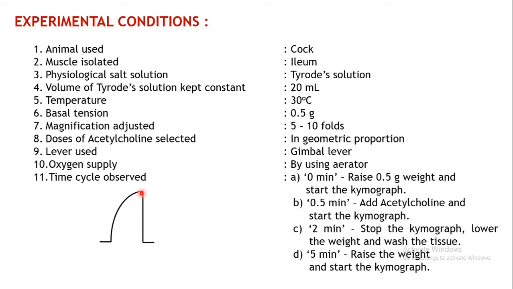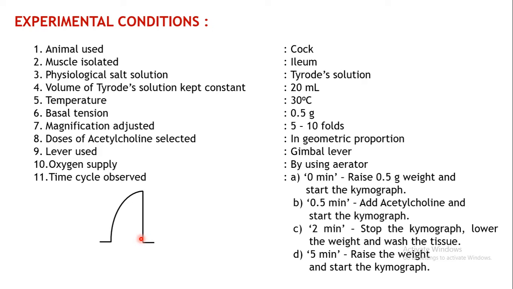After that, you need to wash your tissue and bring it back to the baseline. That will ensure that your drug has been washed away so that you can take the next response. The drug added in the previous dose should be totally removed. So you have to ensure that washing is complete by bringing your pointer back to the previous baseline.